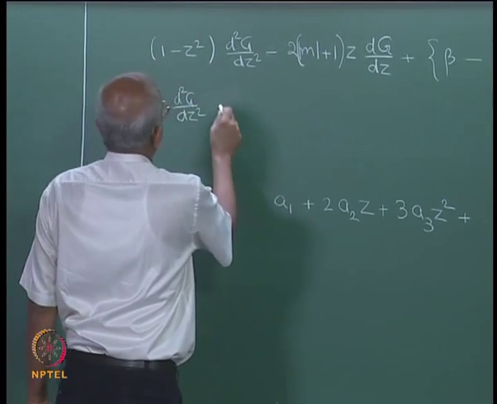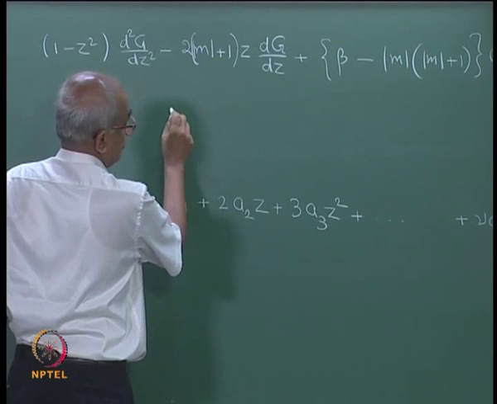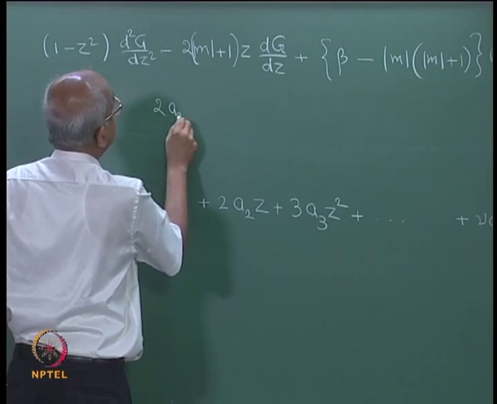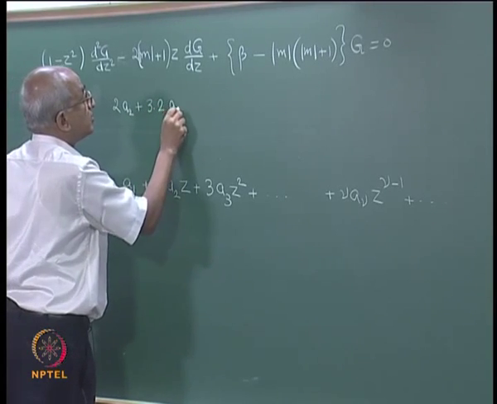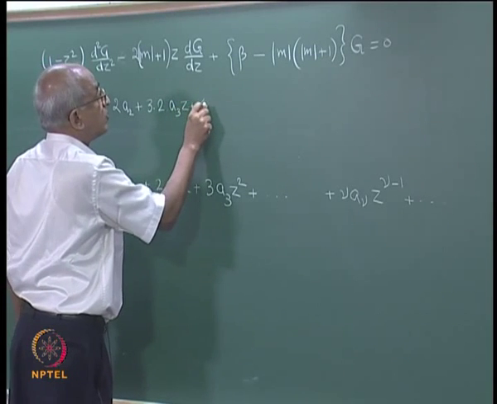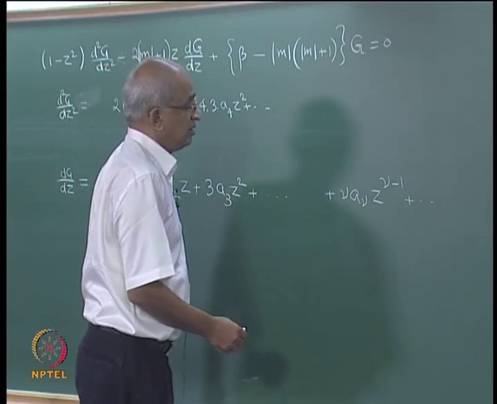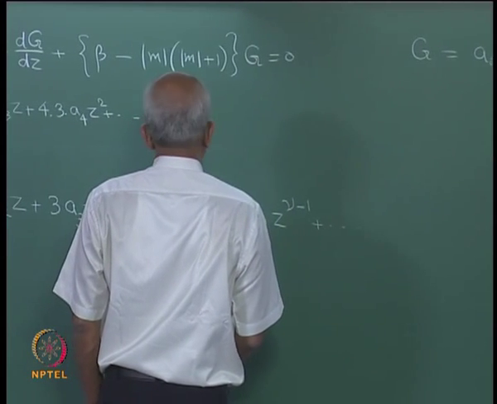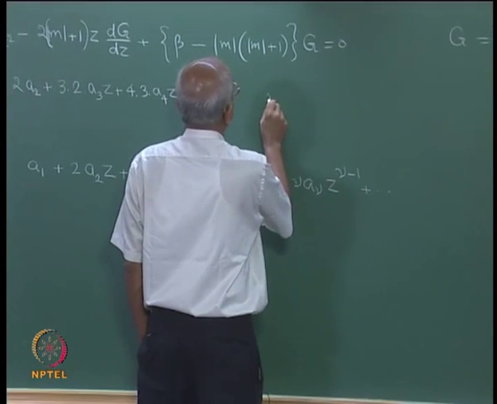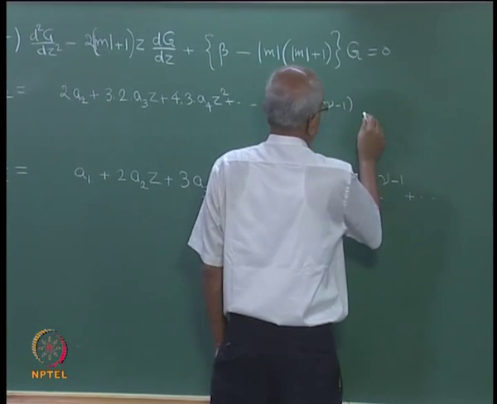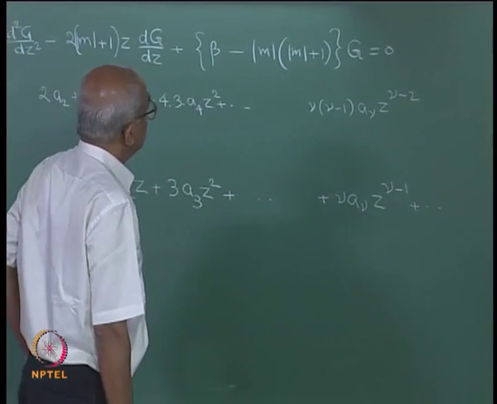So d square G by dz square will be, you have to differentiate this, A1 will disappear, you will get 2 into A2 plus 3 into 2 into A3 Z plus 4 into 3 into A4 Z square plus etc. And what I will do is I will write the term, coming from here, nu into nu minus 1 A nu Z to the power of nu minus 2.